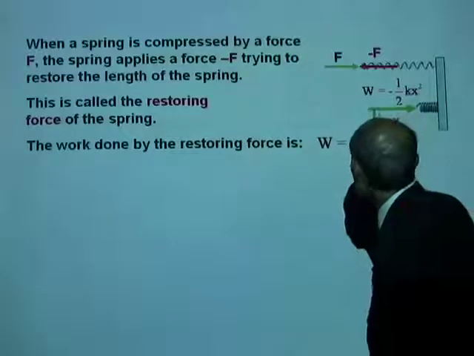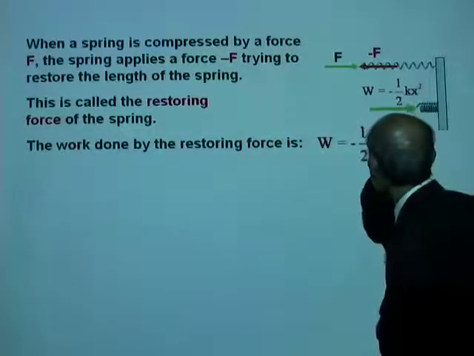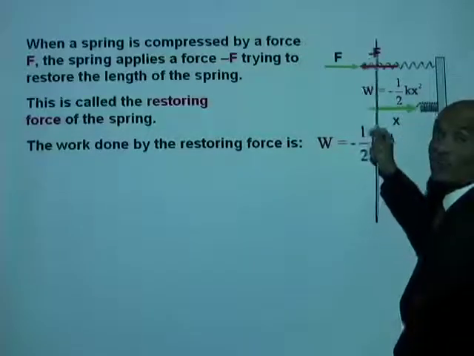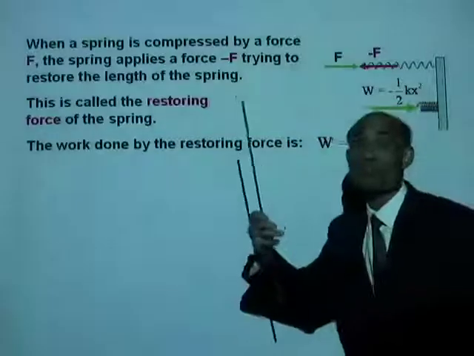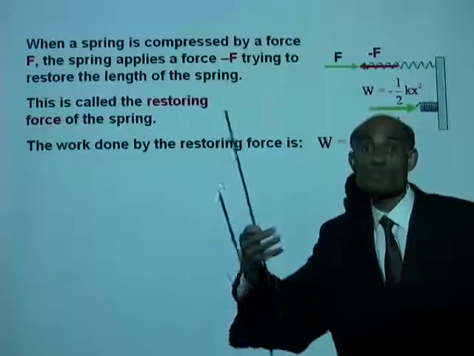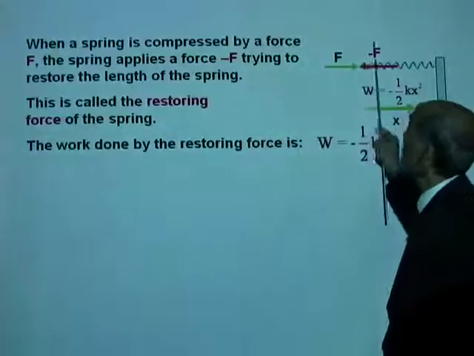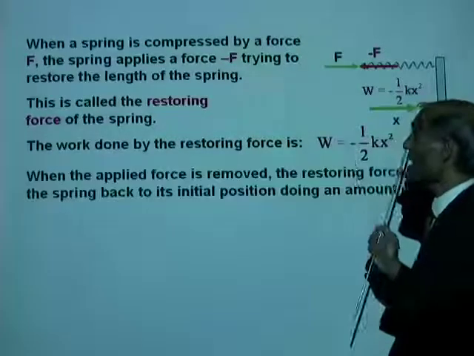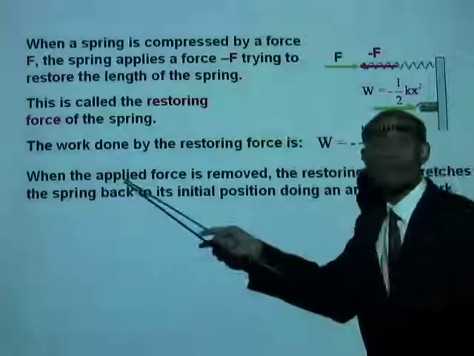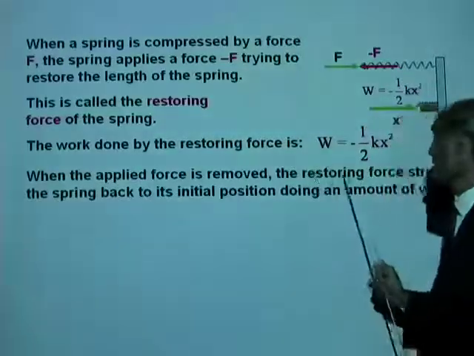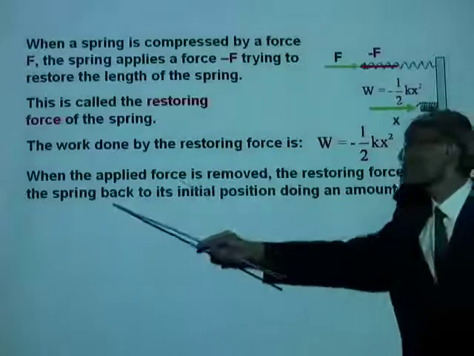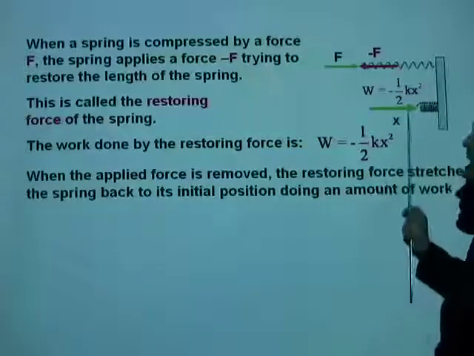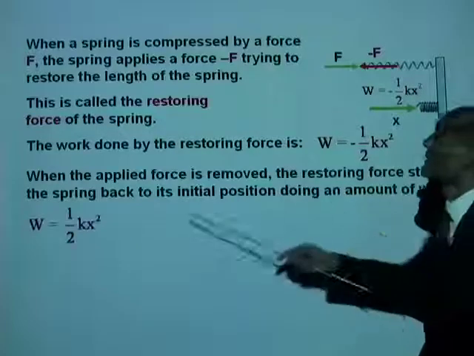The work done by the force applied by the spring, called the restoring force, to compress the spring by a distance x is negative 1/2 kx squared. When the applied force is removed, the restoring force stretches the spring back to its initial position, doing an amount of work, how much?